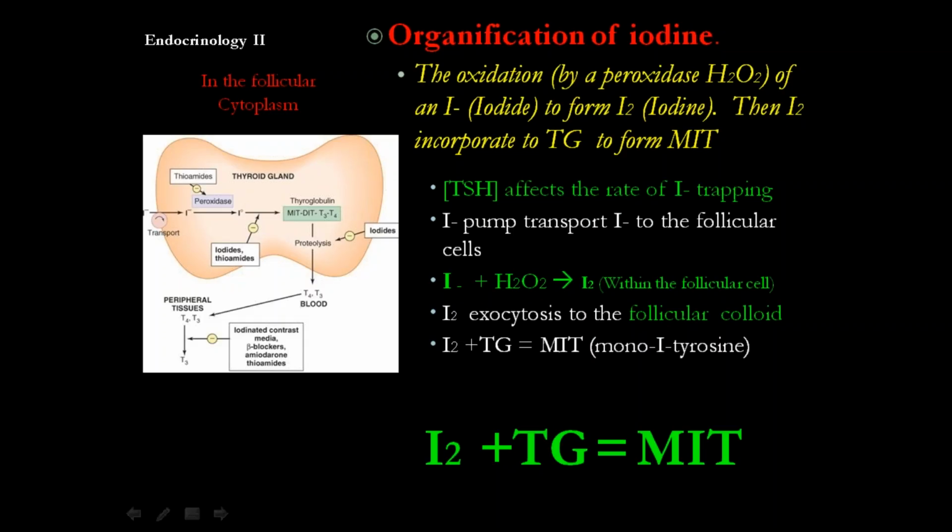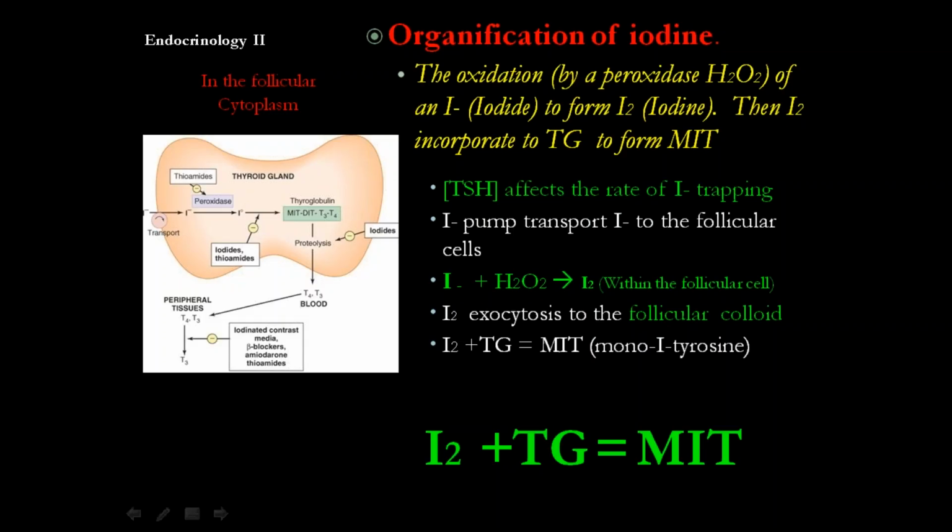This iodine is going to find the thyroglobulin that we mentioned at the beginning. The thyroglobulin is produced by the follicular cells and goes by exocytosis to the colloid. So at the end, the iodine and the thyroglobulin find each other in the colloid substance.